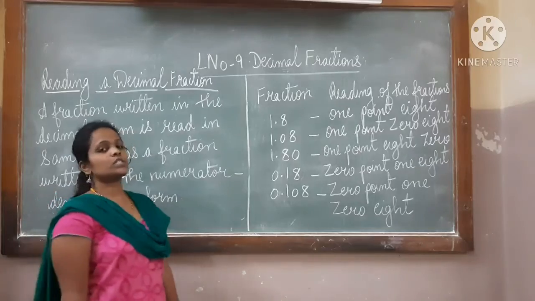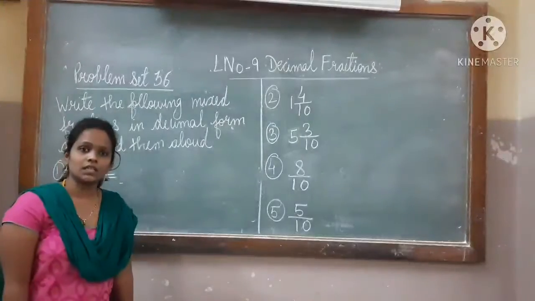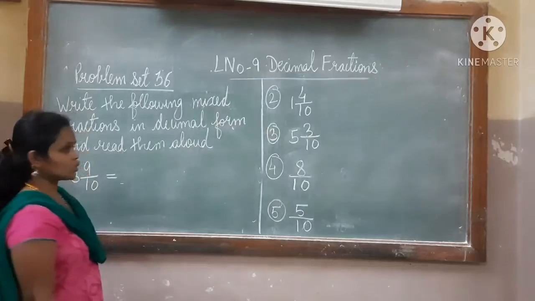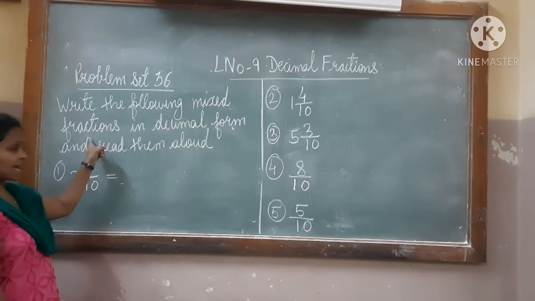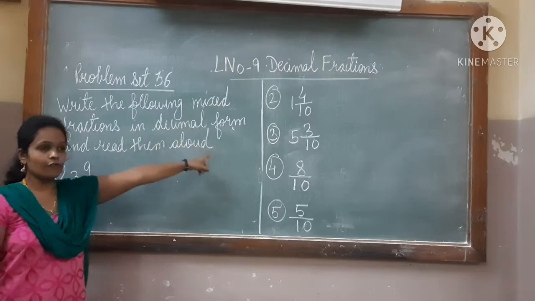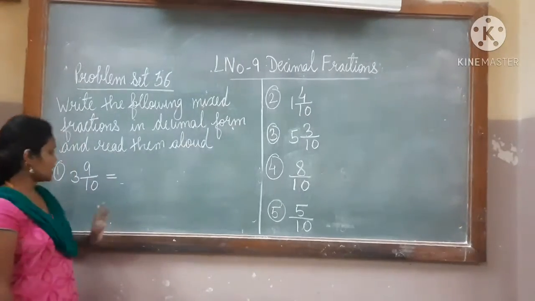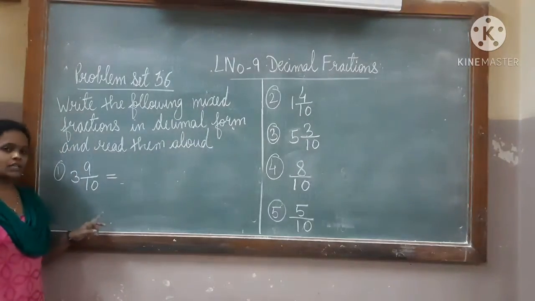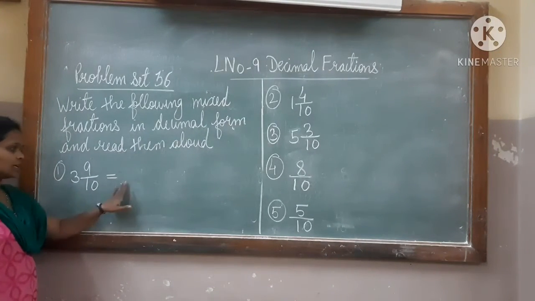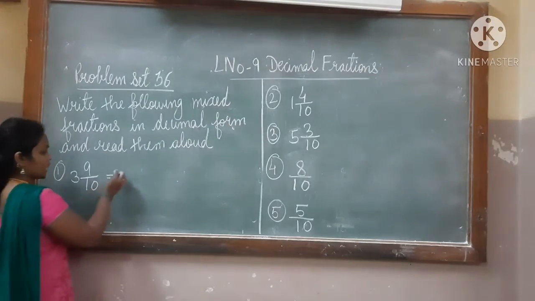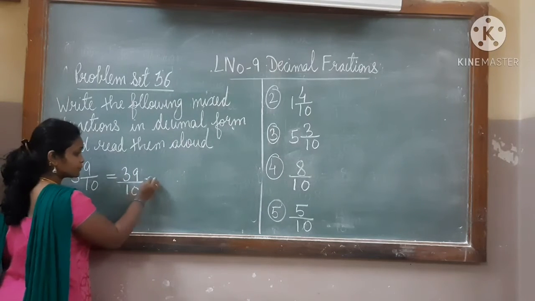Now we are going to start with the problem set 36. See, what is the question given here? Write the following mixed fraction in decimal form and read them aloud. Now here, starting with the first one, they are given 39 upon 10. So how you are going to write 39 upon 10?